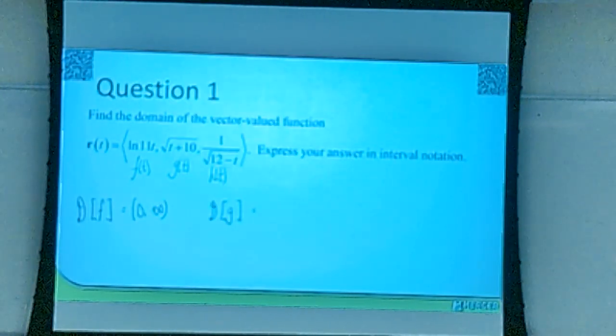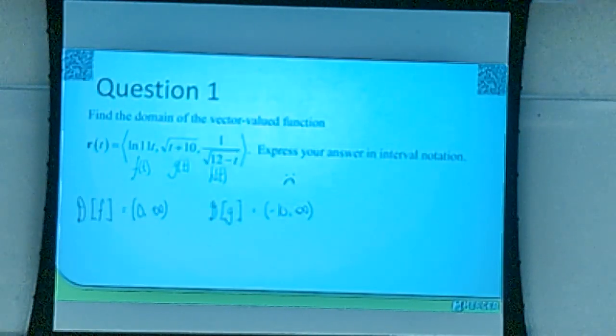What's the domain for g? t has to be greater than or equal to -10.